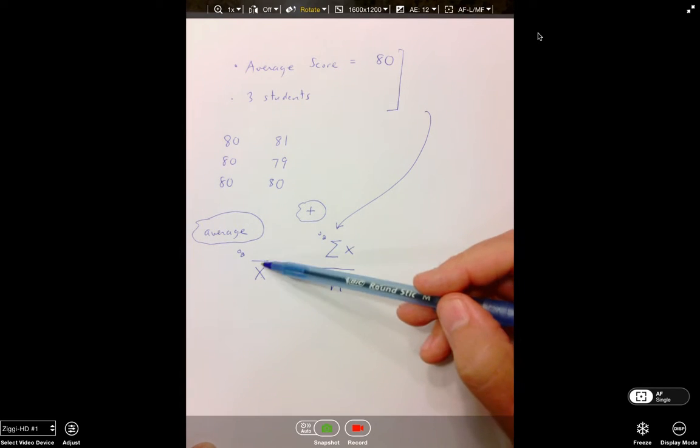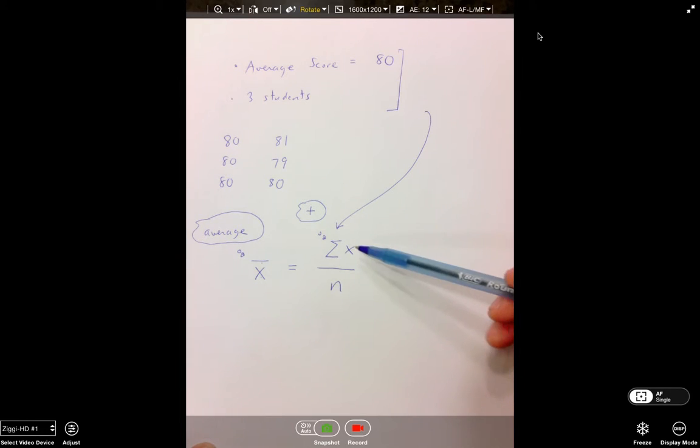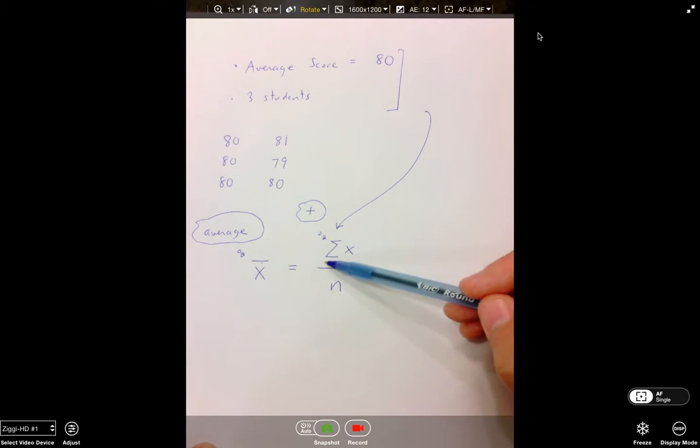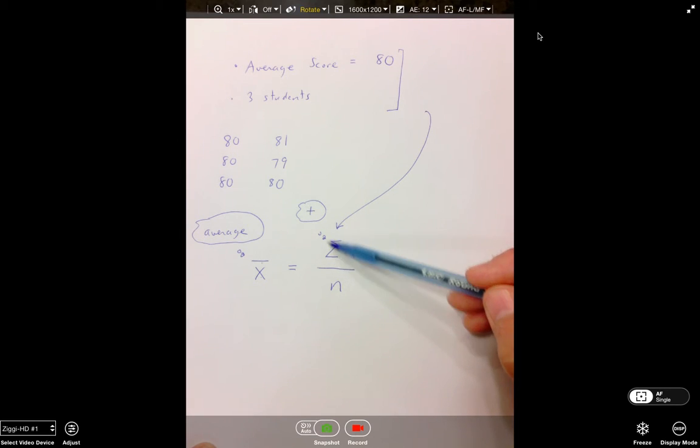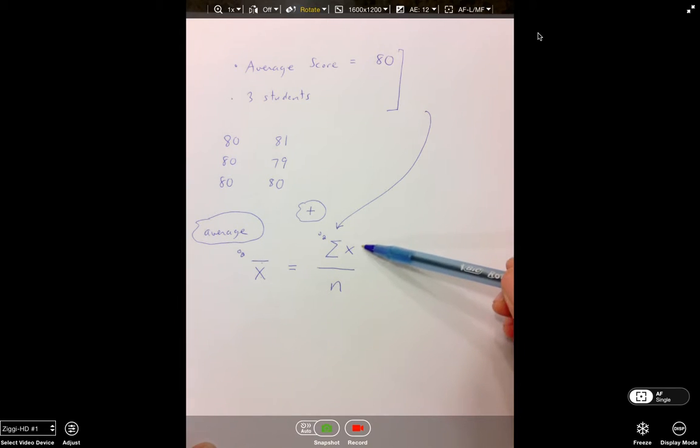So X bar is the symbol for the average. This summation sign, the Greek letter sigma, means to add. X in statistics stands for the data. If you're taking an algebra class from me, X is something you usually solve for, like X equals 2, X equals 9, whatever it may be, or it's part of an expression that we simplify.